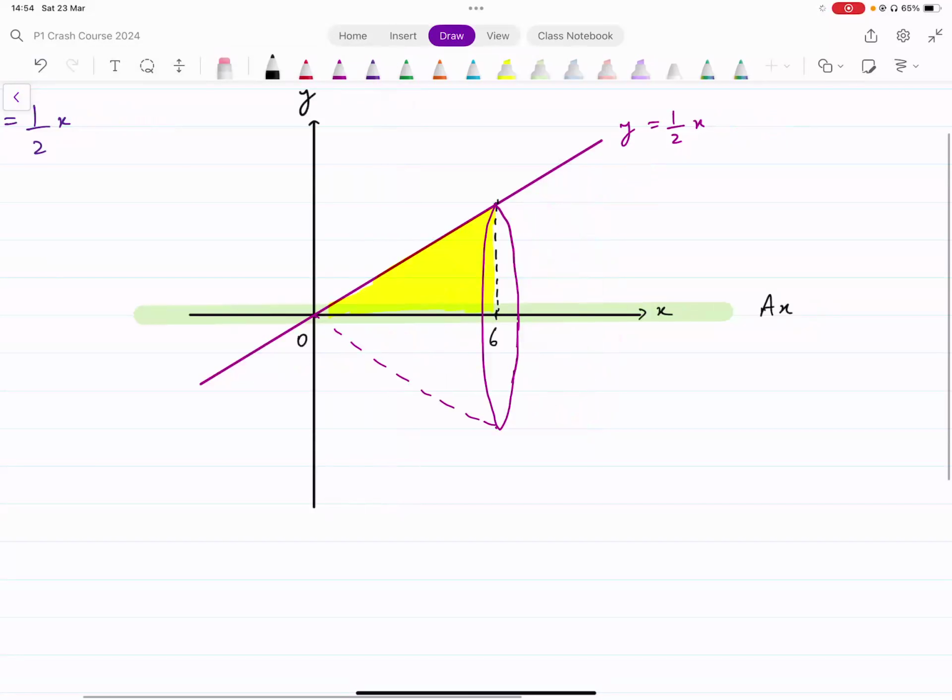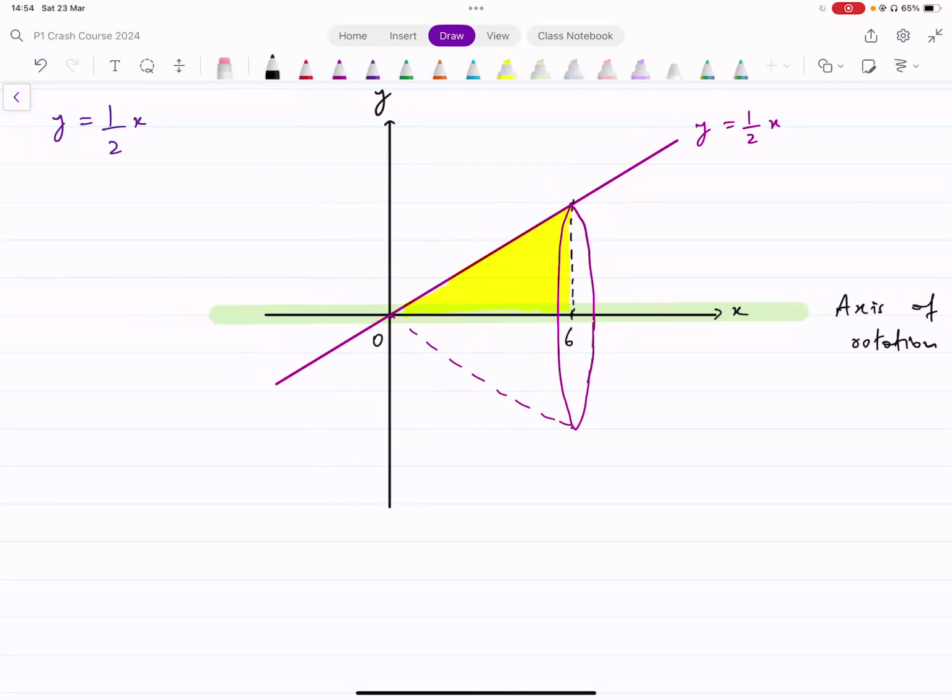If this is the axis of rotation, the x-axis, you are basically rotating this shaded region about the x-axis. This is the shape that you get. It's a cone that looks like this. Can everyone try to visualize that? Does this make sense to everyone? Yes? Yes, sir.